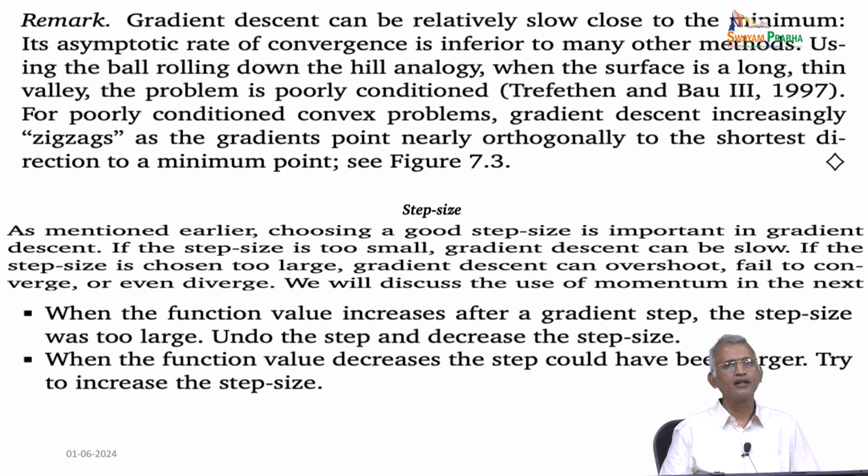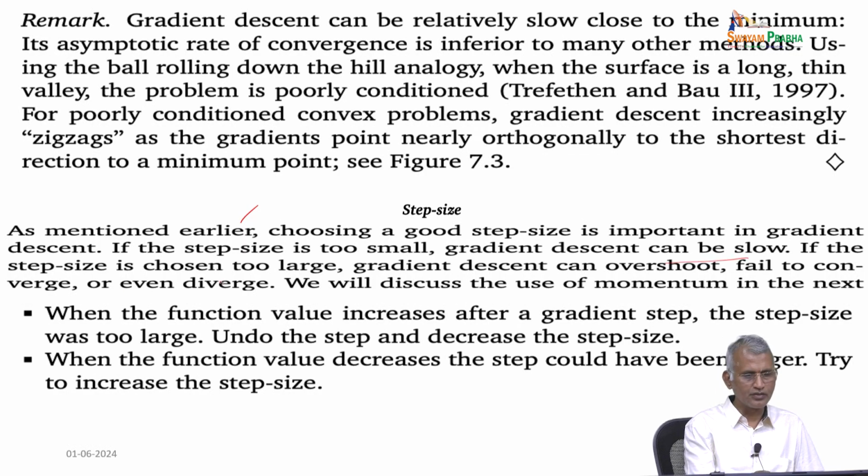These are all the initial techniques for finding the gradient search. Next, we have to understand step size. Earlier we mentioned that choosing a good step size is important. If the step size is too small, the gradient descent can be slow.